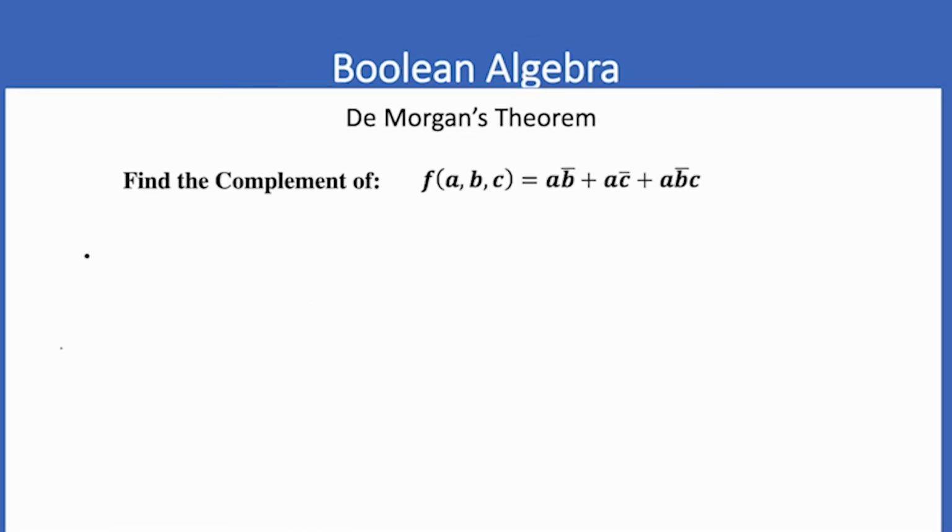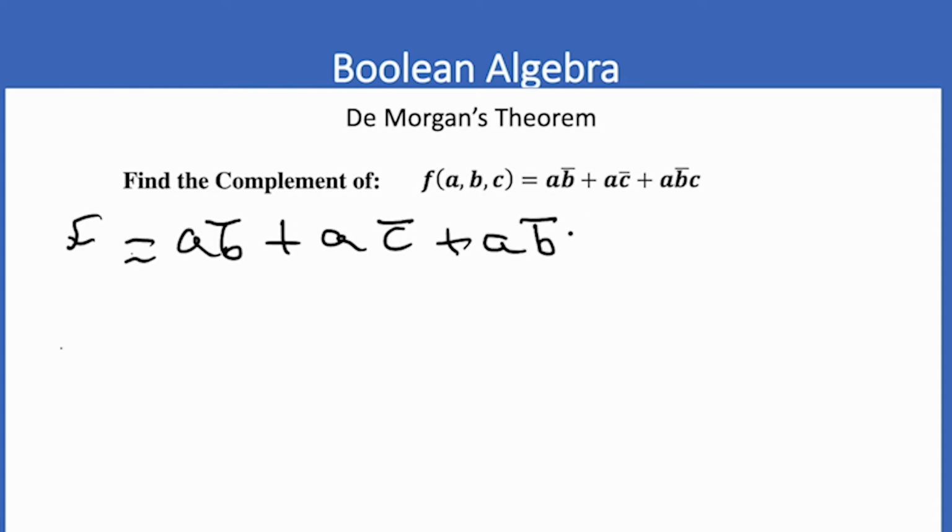Let's find the complement of function ABC. We've got AB bar plus AC bar plus AB bar C. All right, so we take the function equals AB bar plus AC bar plus AB bar C. We want to find the complement of it.